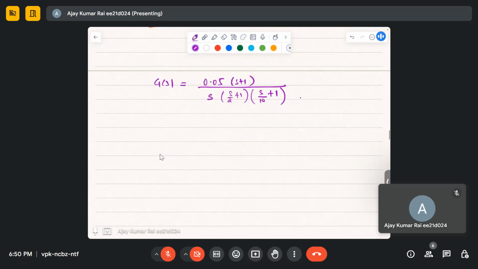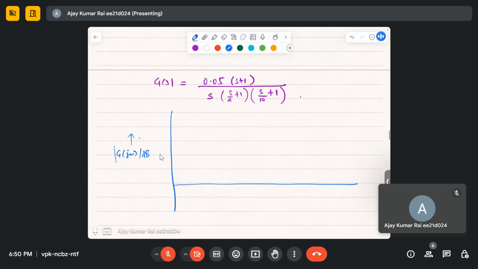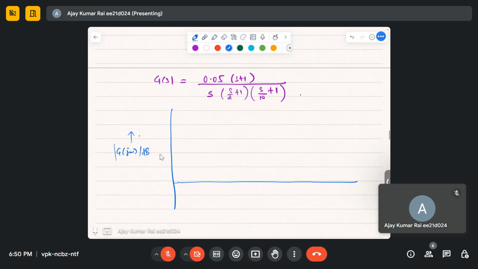If I plot the Bode plot for this, approximately I'm drawing it. You just see the low frequency region. So what you'll get is this.